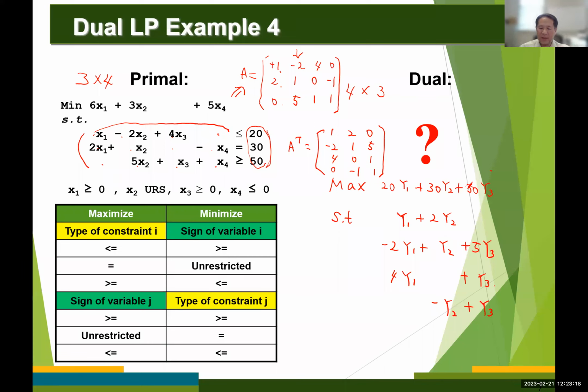So those are the left-hand sides of each of these 4 constraints. And the objective coefficients in the primal system, 6, 3, 0, 5, become the right-hand side vector of the dual system. So we have 6, 3, 0, 5.